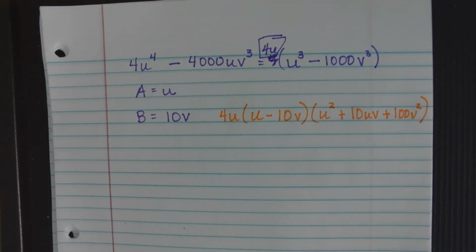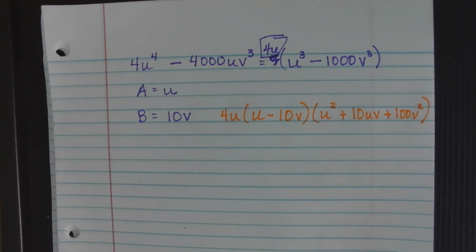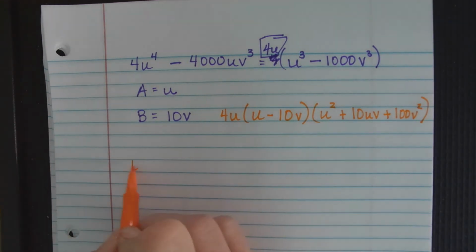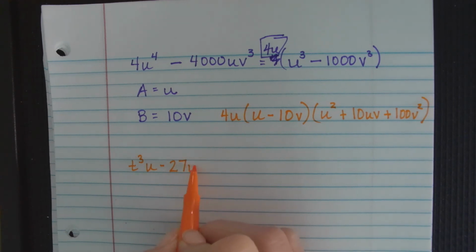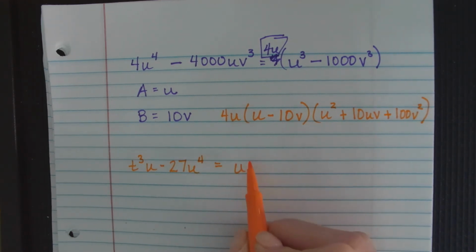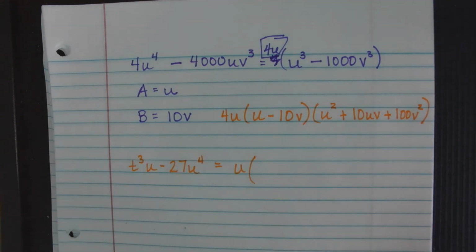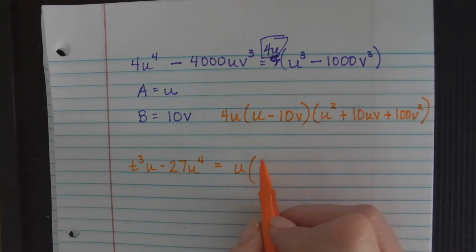Yes, ma'am. What do you do when it says t to the third u minus 27u to the 4th? Did they factor it? They should have factored out a u for you.